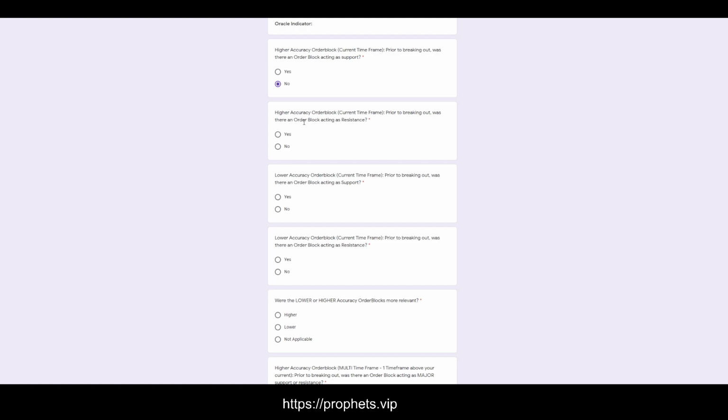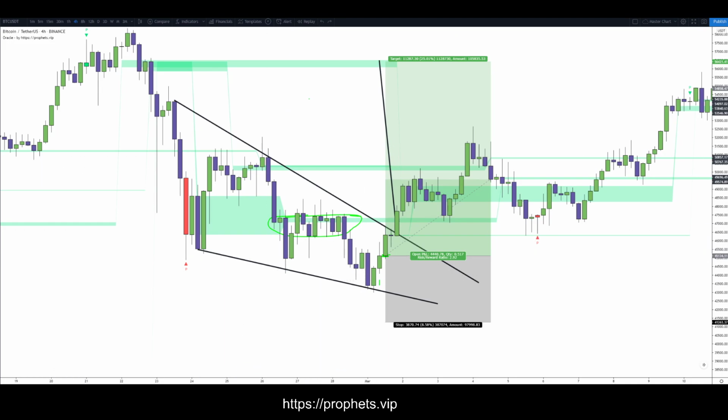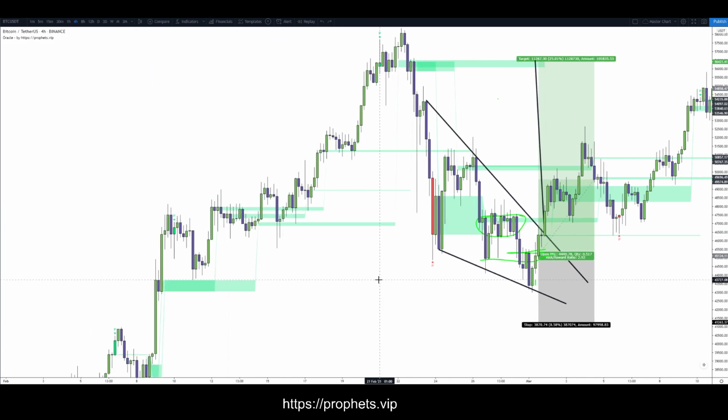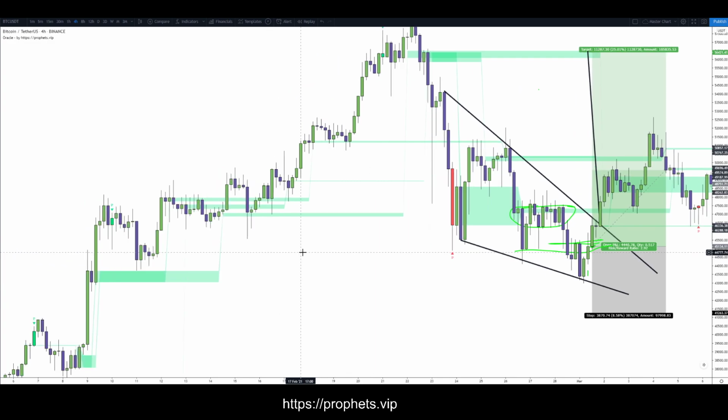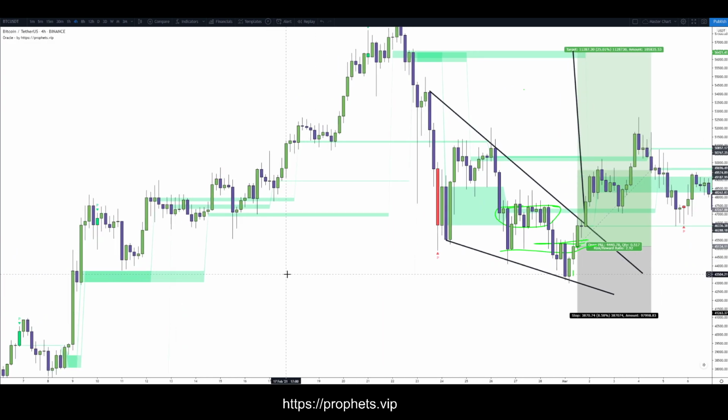Again, while we're on the higher accuracy, on the current time frame, prior to breaking out, was there an order block acting as a resistance? What that's referring to really is a level down here, where we were before we broke out. Was there any resistance in this range from an order block? No, there's not. Right. We could probably say this was support, to be honest.